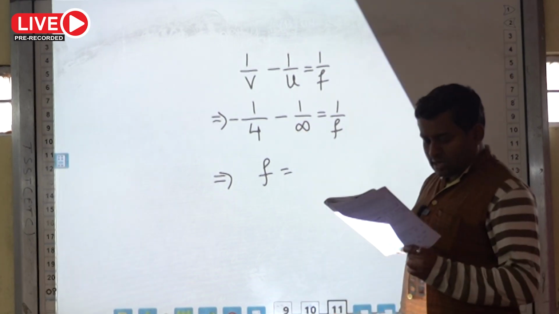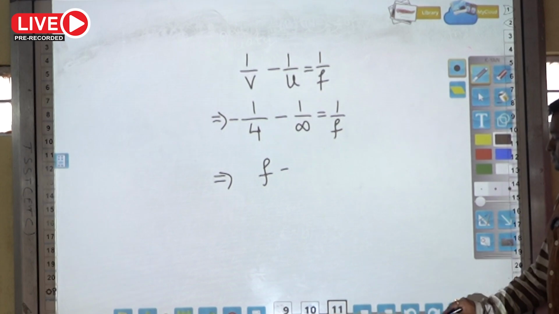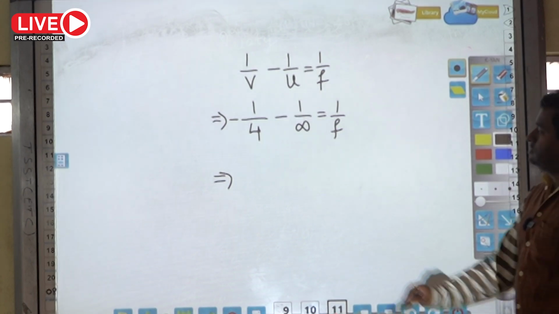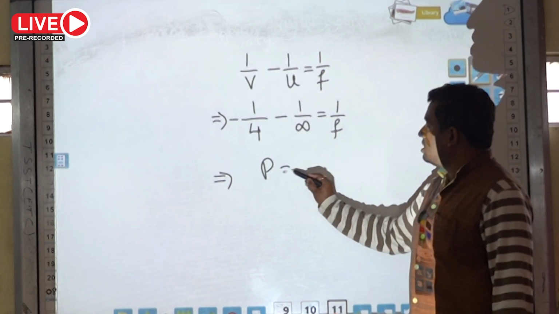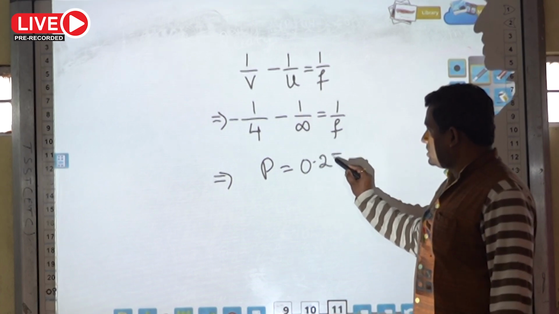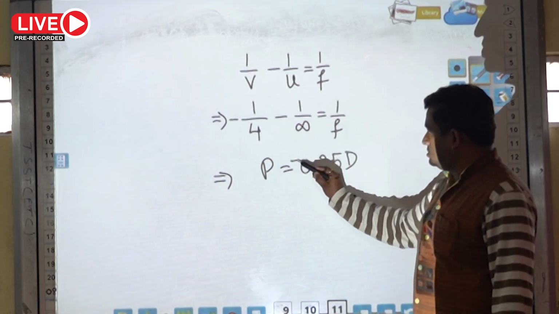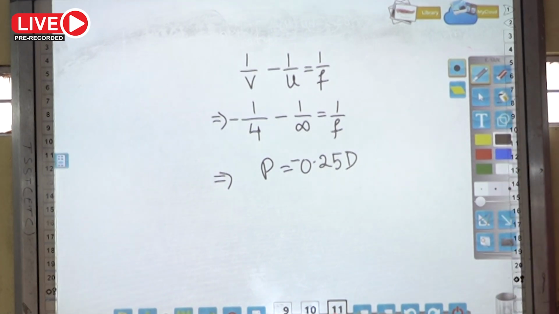So 1 by F, what you have to calculate? Power. So power P equals minus 1 by 4, means 0.25 diopter. Minus 0.25 diopter. That is, a concave lens is required with minus 0.25 diopter power.